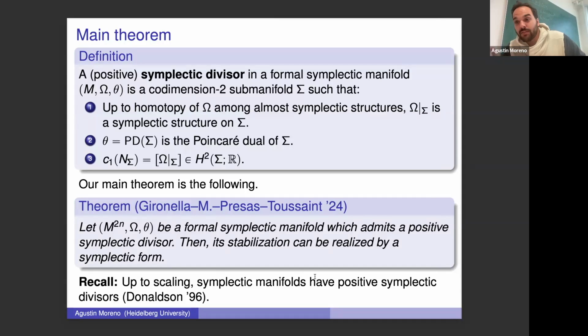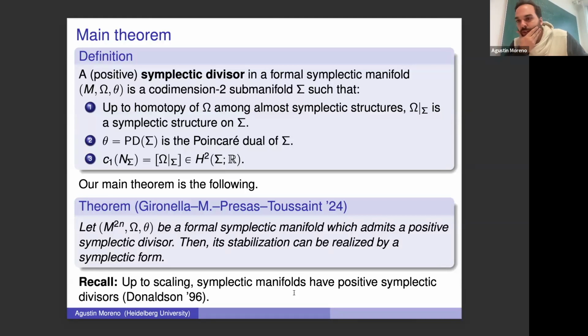Okay, and it's not true that the converse holds. There are examples of formal symplectic manifolds with symplectic divisors, but which are not symplectic. This is exactly, for example, the example by Taubes that I mentioned before. That guy has divisors, but it's not symplectic. So it's a necessary but not sufficient condition. Okay, so that's the statement of the theorem.